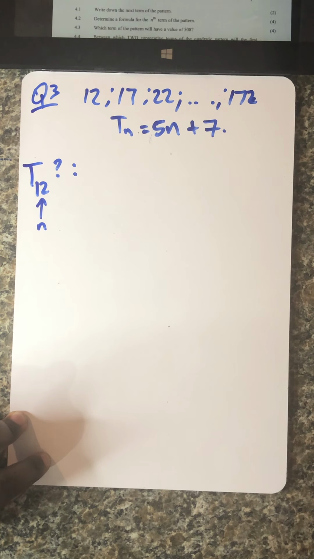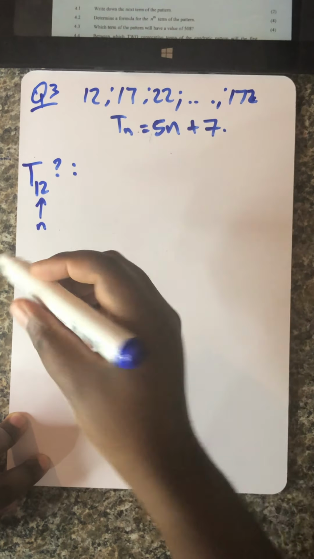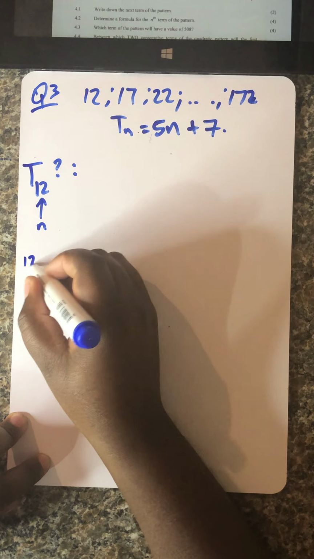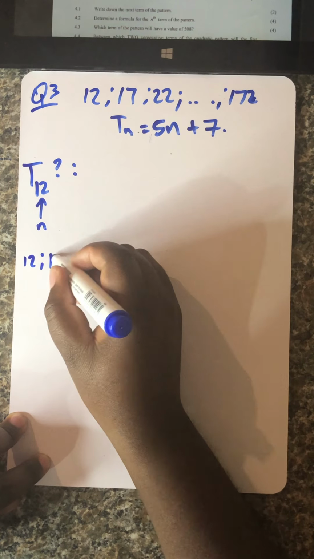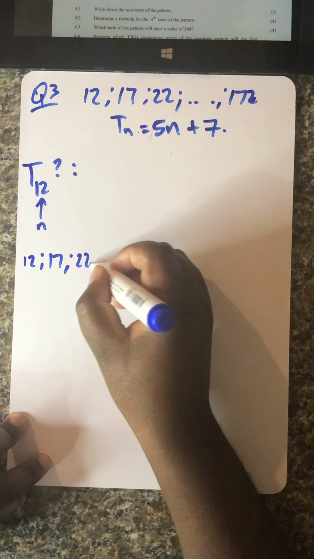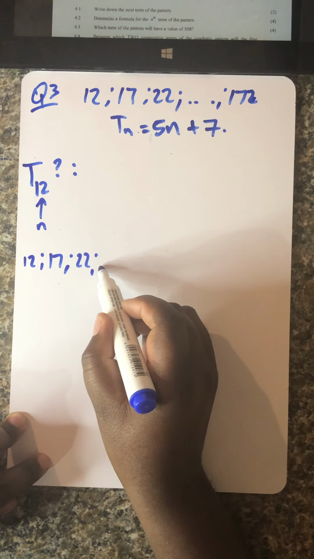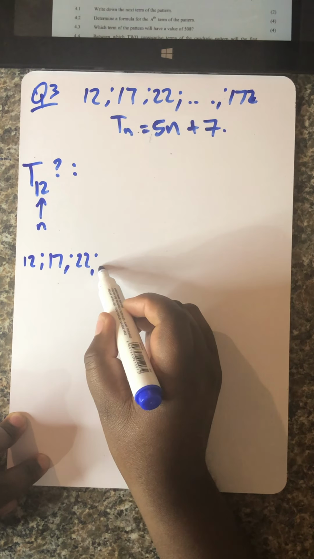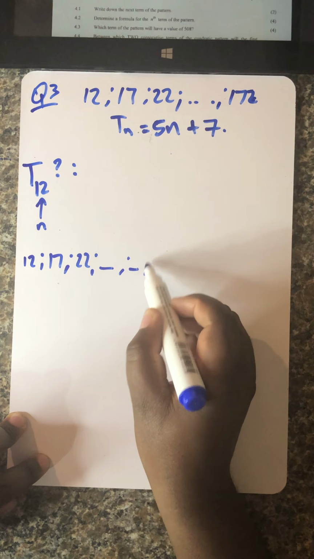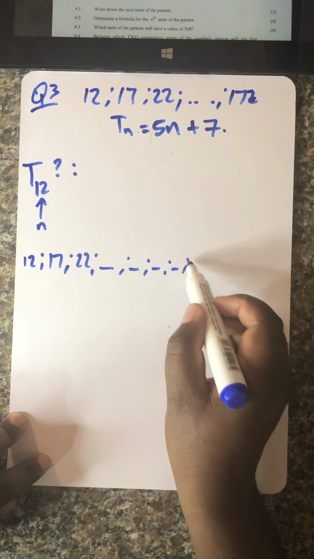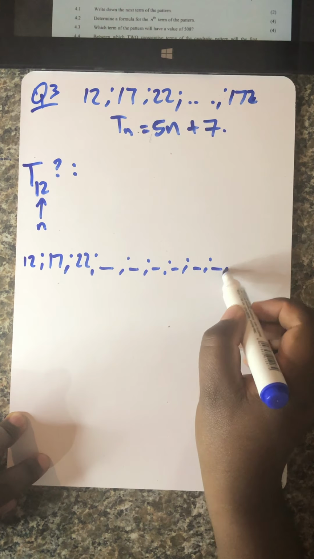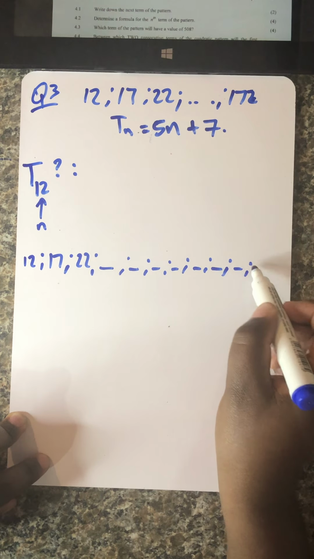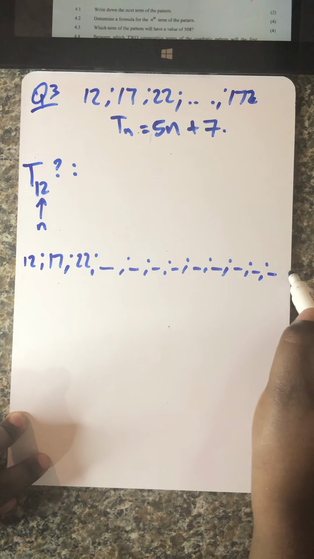That's what they want you to indicate. Let me just do this exercise quickly, guys. We have 12, 17, 22. So they want to know 1, 2, 3, 4, 5, 6, 7, 8, 9, 10, 11, 12.